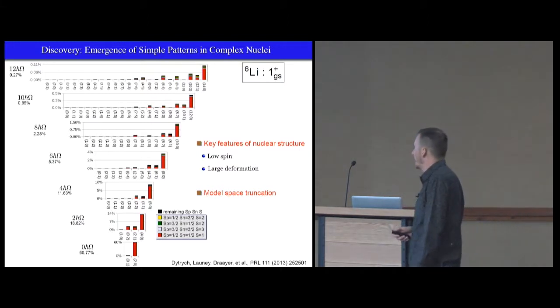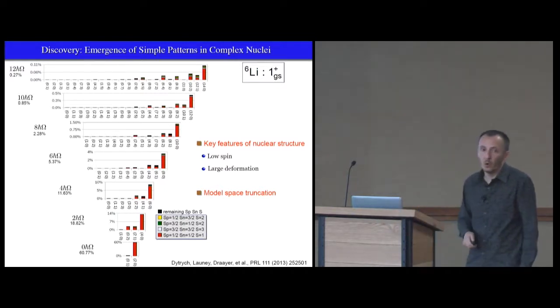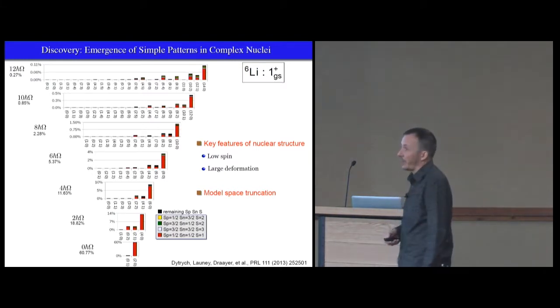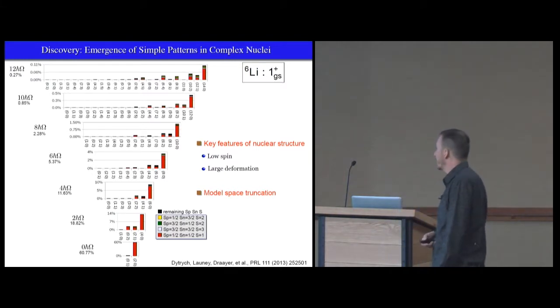The others are almost negligible. The horizontal axis shows the deformation. You can see the highest peaks and the largest components of the wave function are on the very edge of this graph, which corresponds to the most deformed configuration. So you see that lithium-6, even though it's a light nucleus, tends to get deformed from the get-go.